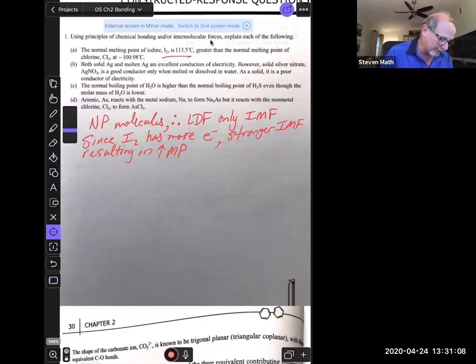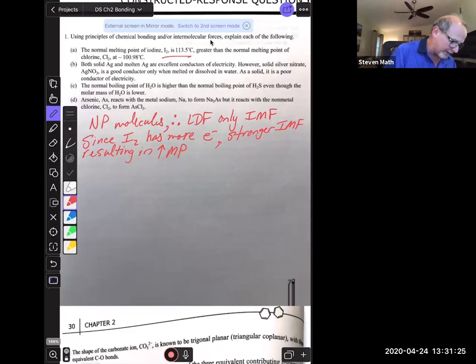And since I2 has more electrons, more or stronger IMFs, higher melting point. String together simple concepts to prove what you know. Don't assume they think you know anything. They don't know you. All right?